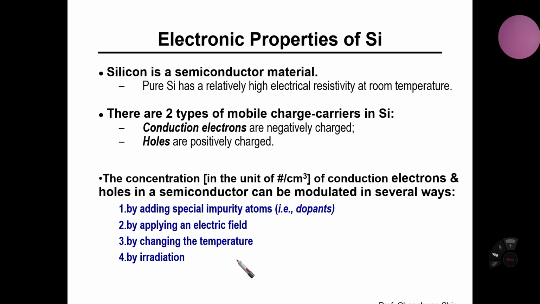So even though pure silicon has a relatively high electrical resistivity at room temperature, there is no problem. It is okay because we're going to put some non-silicon atoms, some impurities, into the silicon material, then we can control and modify the semiconductor's electronic property.